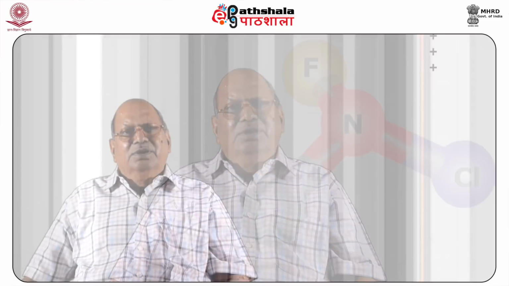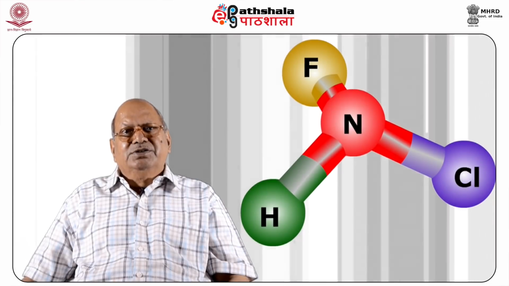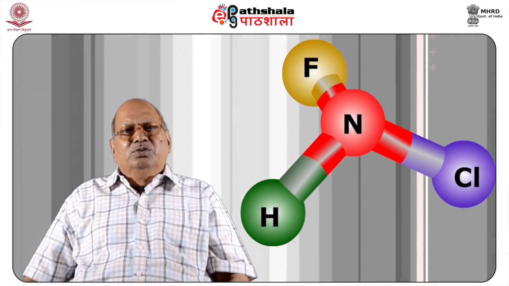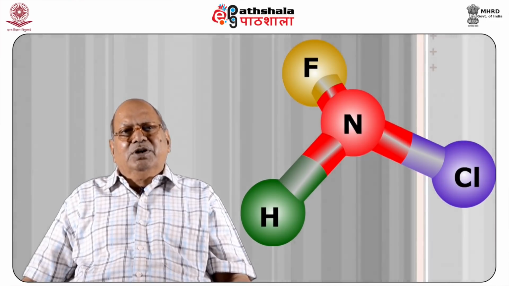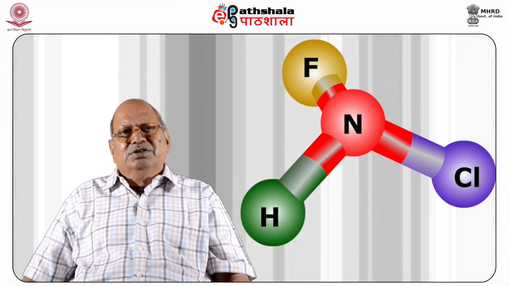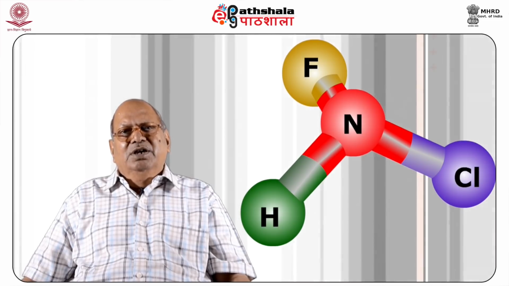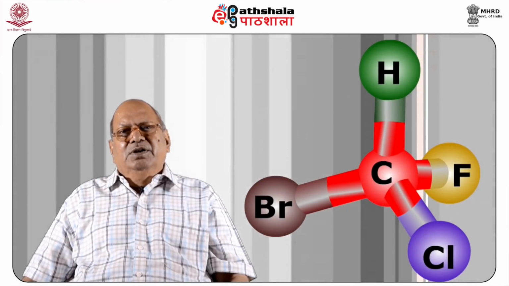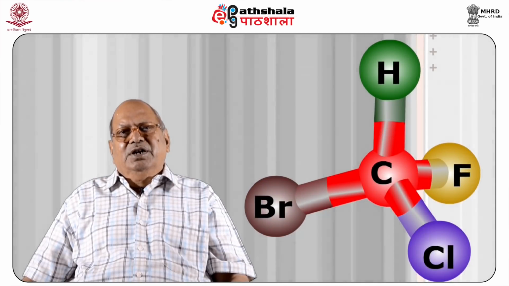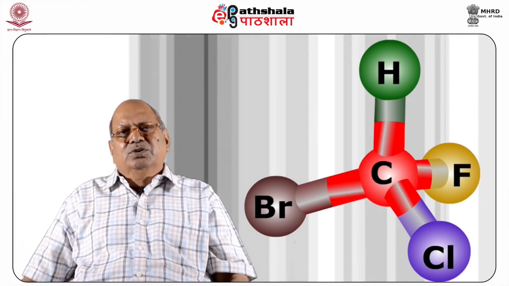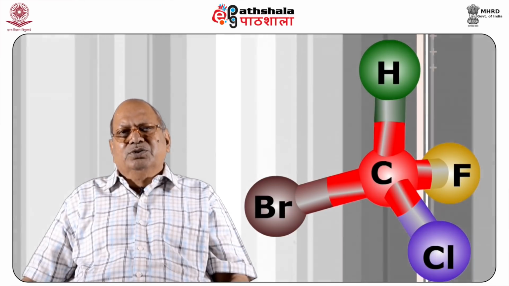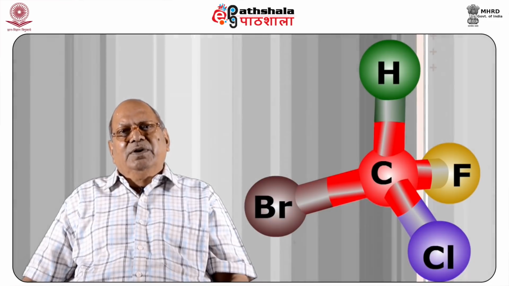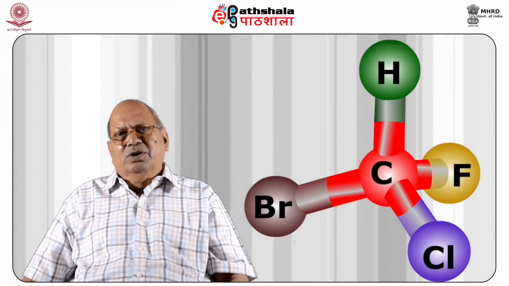Let us take the example of the FHClBr-type molecule. It is a pyramidal molecule. You try to put any mirror plane or any axis, it does not have any symmetry elements. Take the second molecule, CFHClBr. In this also, you try to find it out, there is no symmetry element except that a 360-degree rotation will bring back this molecule to the original.